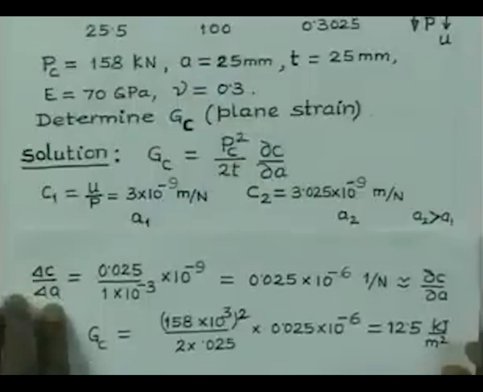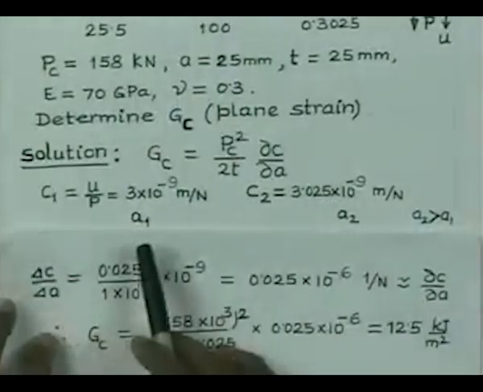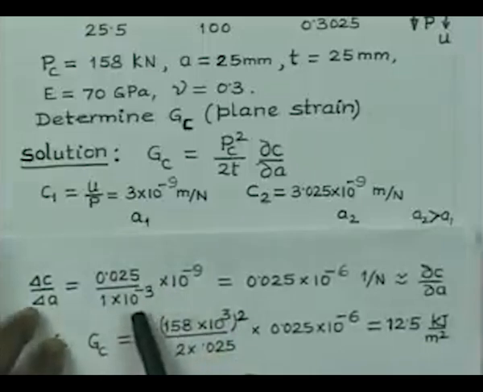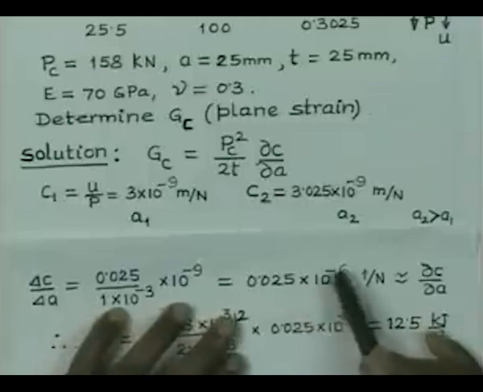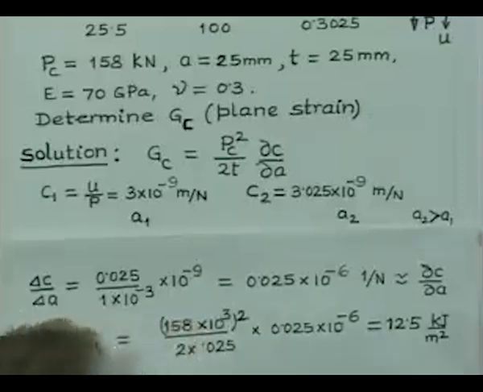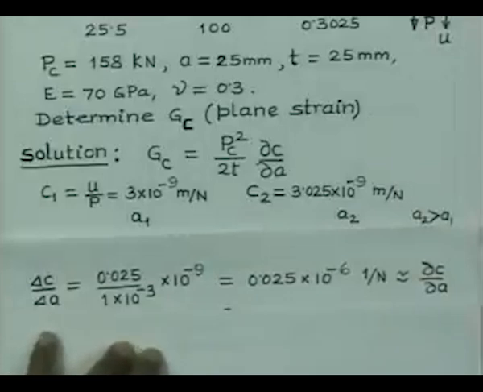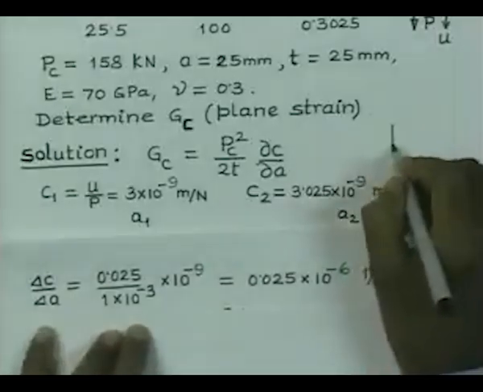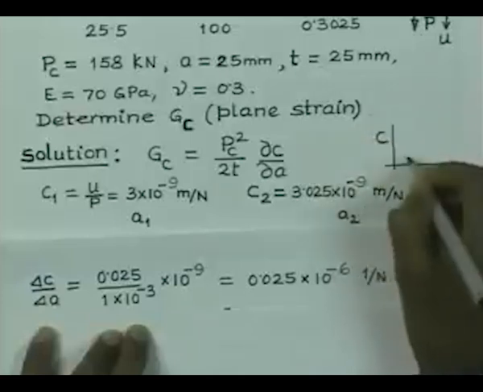We can calculate delta C delta A, which is the difference between these two divided by the difference between A2 and A1. That gives us 0.025 into 10 to the power minus 6 per Newton, and we can take this to be equal to delta C delta A.